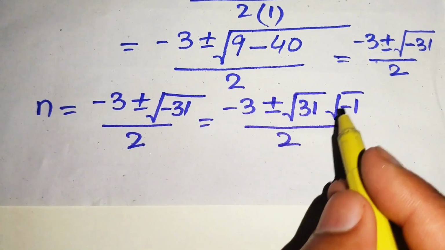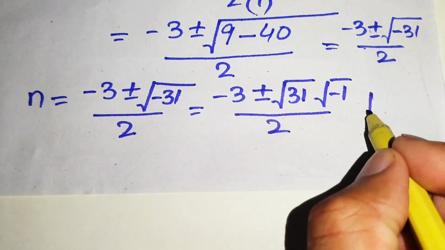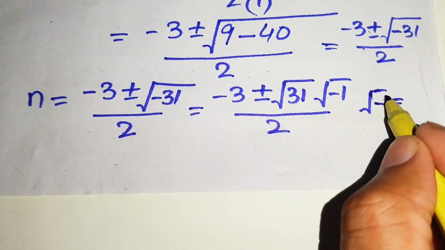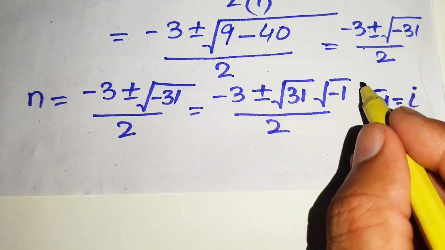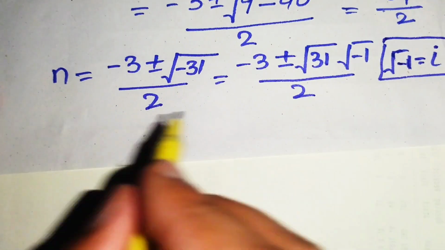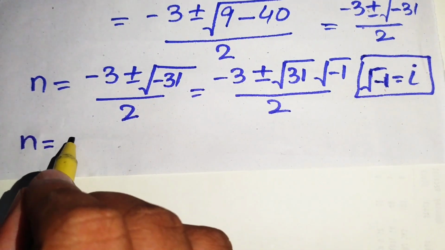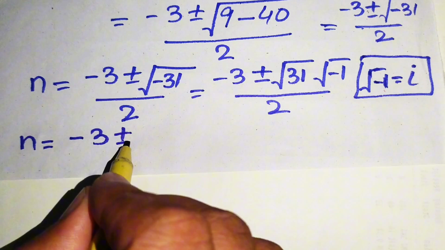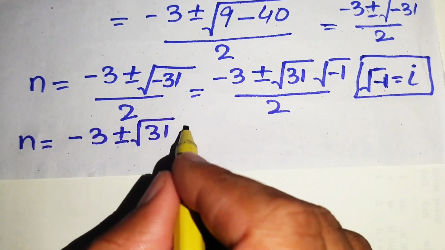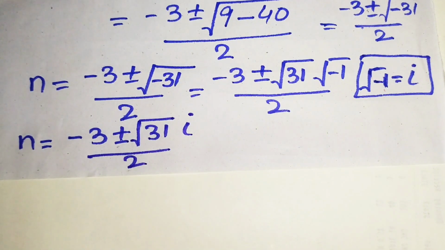We know that the square root of minus 1 equals iota, because we use this complex fact: square root of minus 1 equals iota. So we substitute square root of minus 1 equals iota, and we get n equals minus 3 plus minus square root of 31 times iota divided by 2.